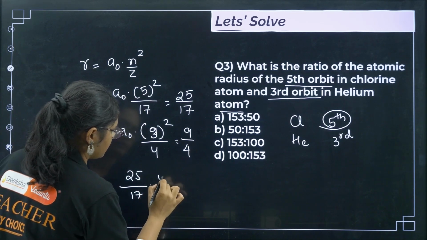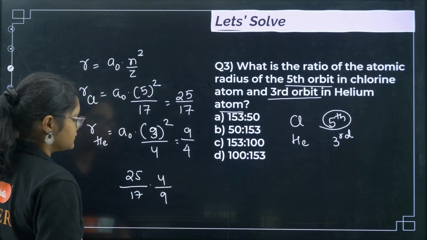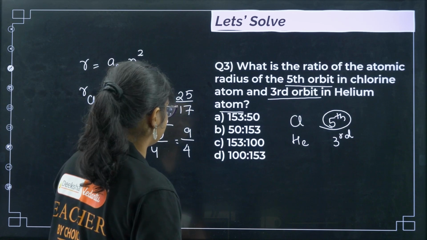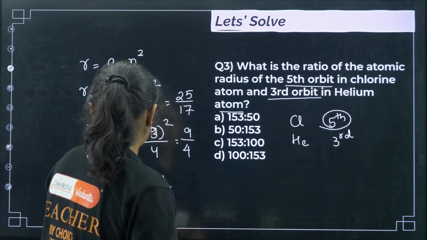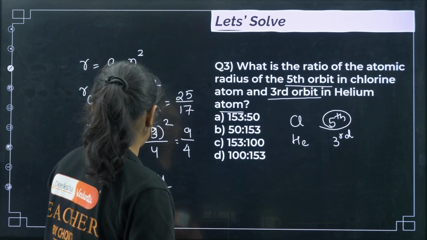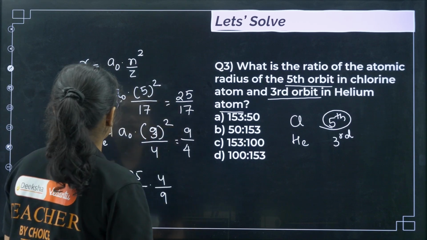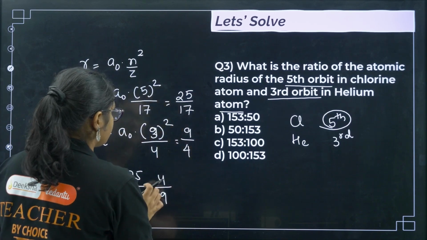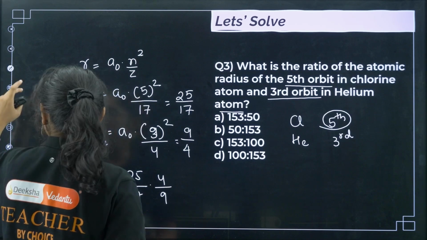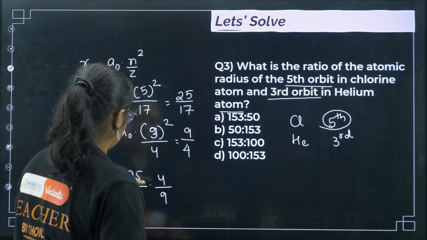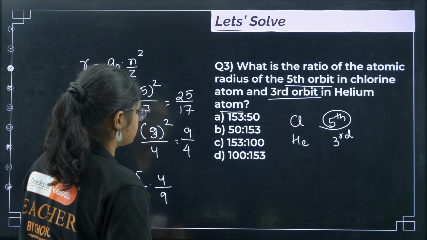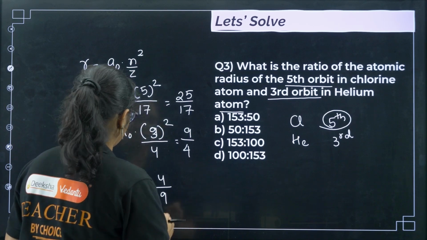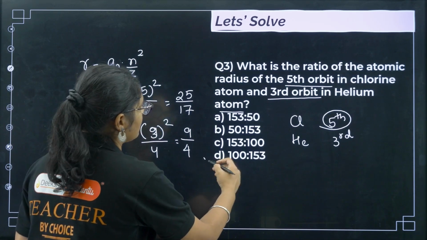Let us check the calculation once again. It is asked for chlorine and helium, right? So we should get this as 100 by 153, right? Option number D.